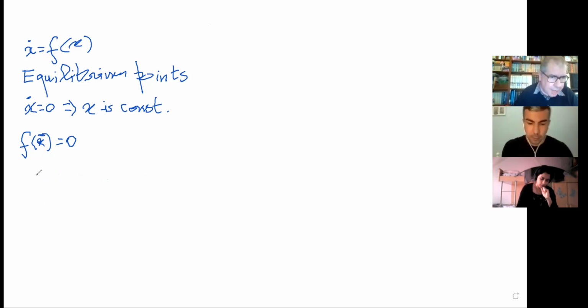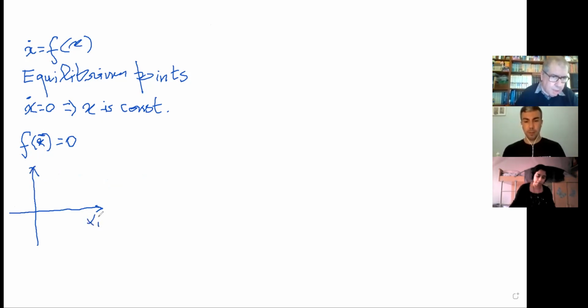So I have my state space. Let's think it is a plane. So this is x1, this is x2, and I have here some x bar for which f of x bar is 0.